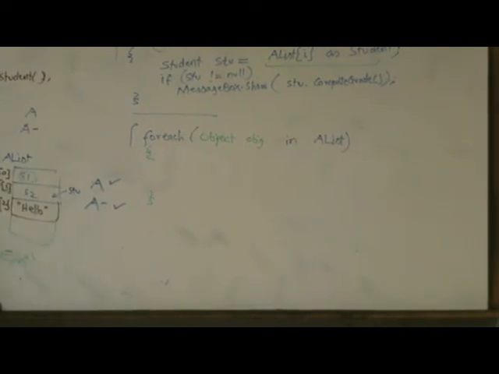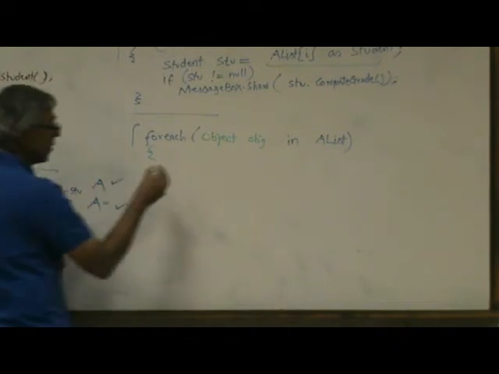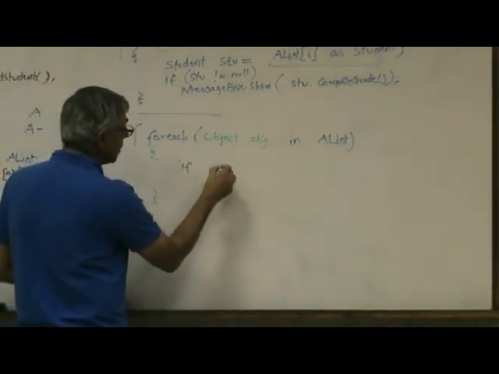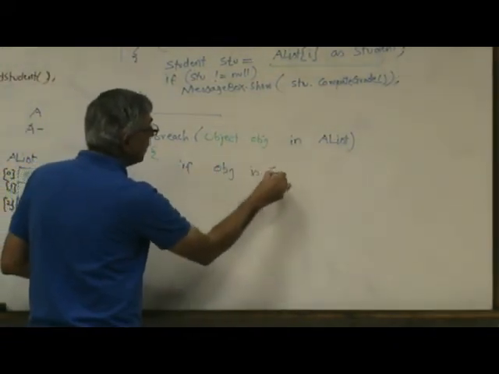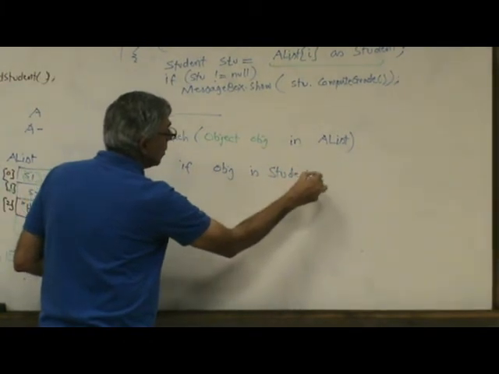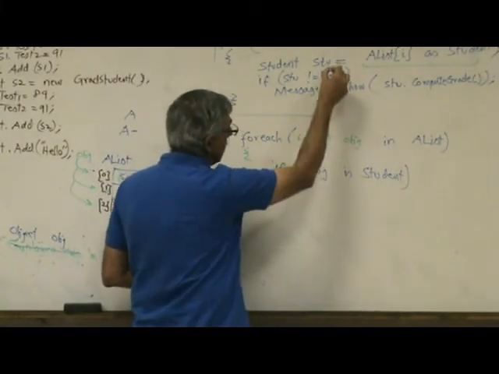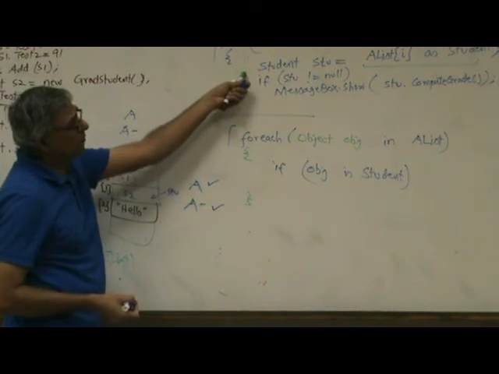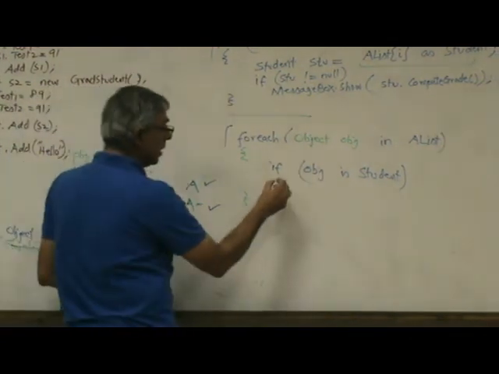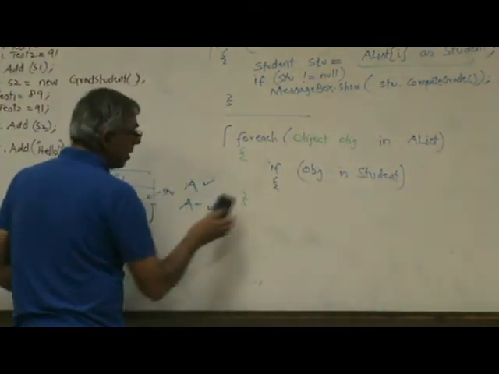So for each object obj in A list, so now it's an obj. So now you will further have to do something like this. If obj is student, or you can use the as operator, since I already gave you the as example over there. Let me pick the is operator.